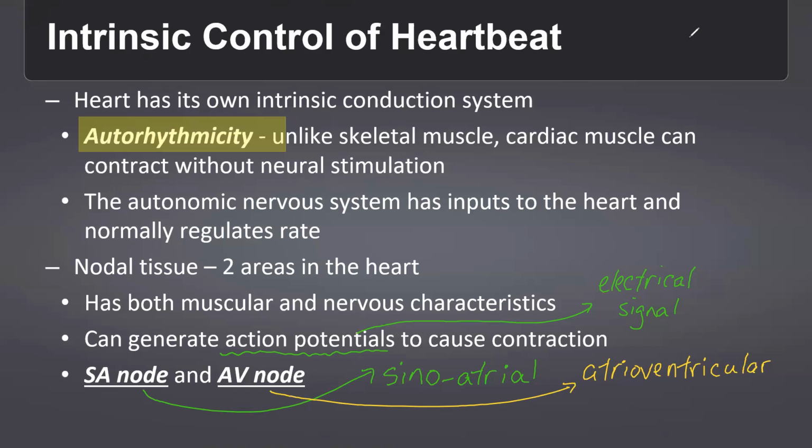So SA node and AV node. Again, these are the nodal tissue areas, the parts of the heart that are muscles, but they can actually generate electricity, so they can force your heart to beat on its own.